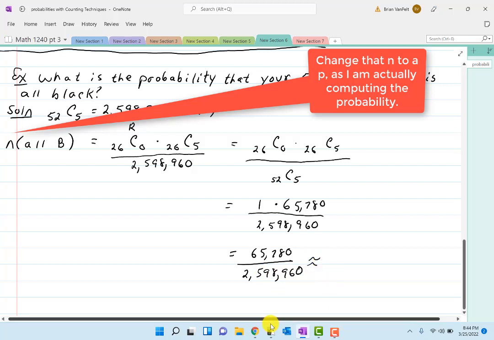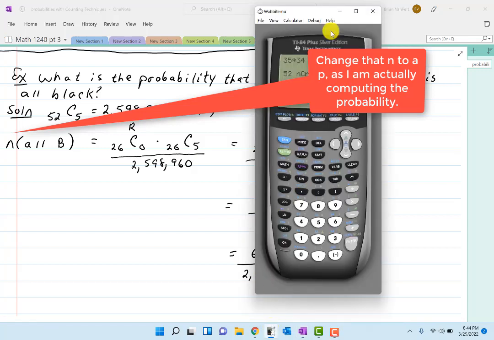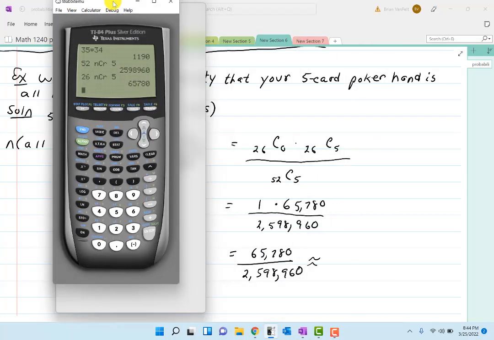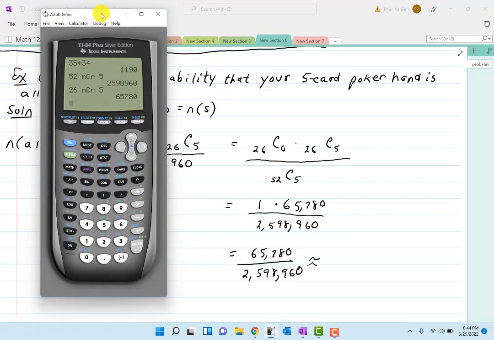And if you were looking for an approximate answer, it is roughly 0.0253.